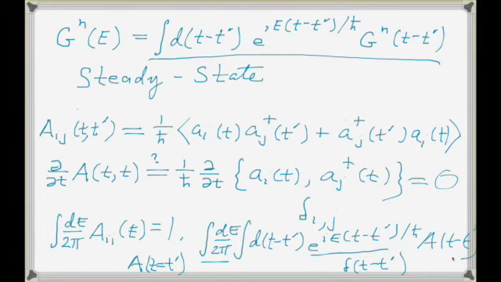And A at t equals t prime is just 1 over h bar, if i equals j.